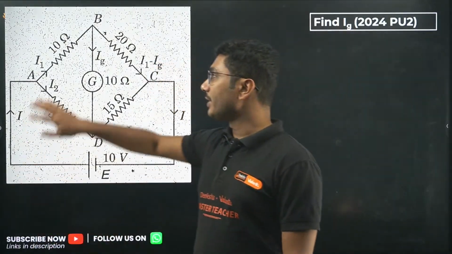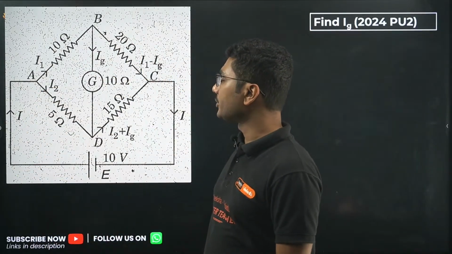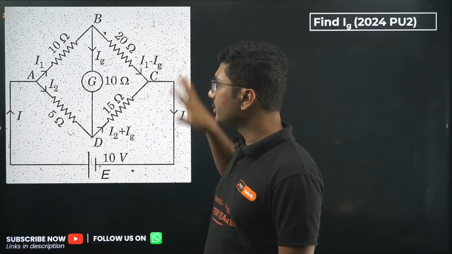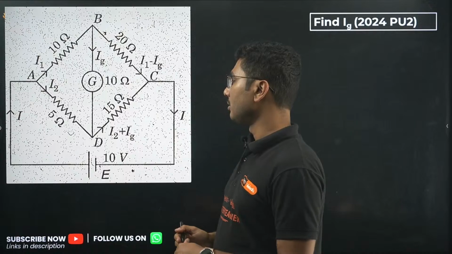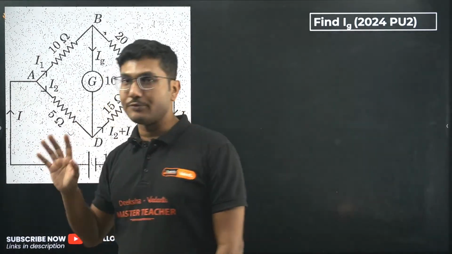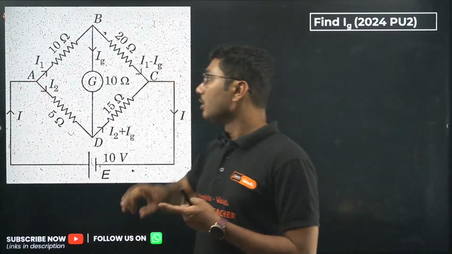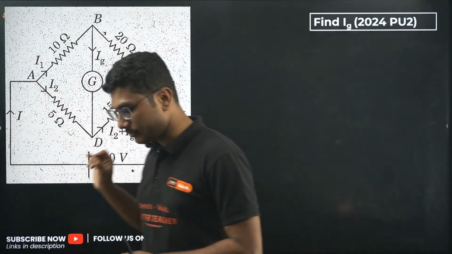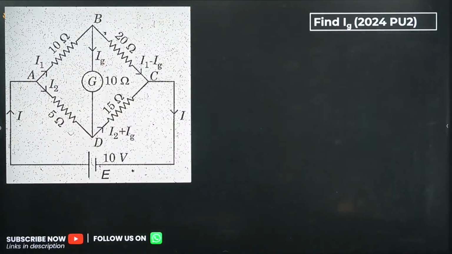So if it is given in the diagram, you don't need to do the Kirchhoff's current law portion. The only thing you have to do is apply Kirchhoff's voltage law and solve the problem. Before I start, if you are watching this seriously, draw this circuit diagram in your notebook first, then we will start solving it. This is a little complicated problem.